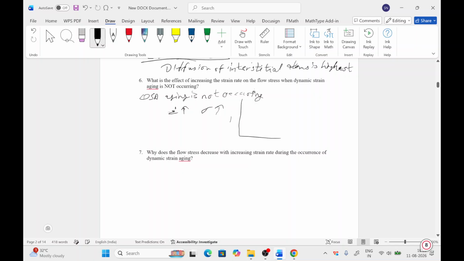Like this is at epsilon dot 1, and with increasing strain rate, epsilon dot 2, where epsilon dot 2 is greater than epsilon dot 1.